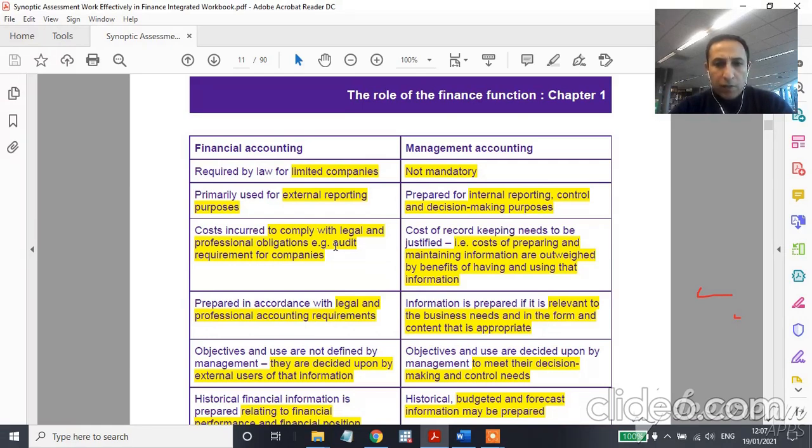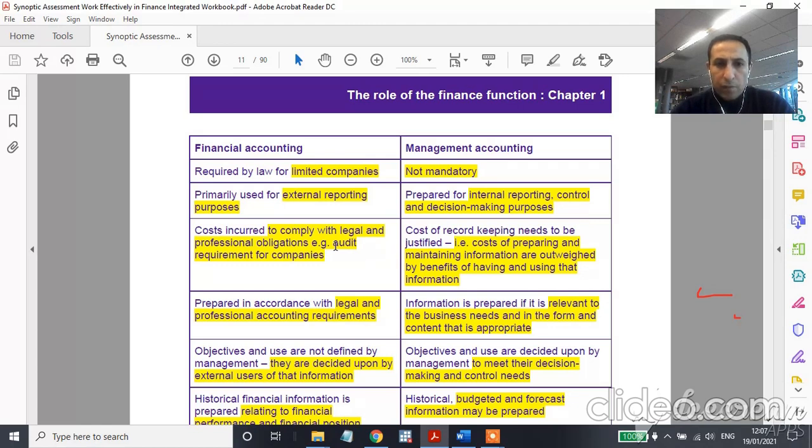If we look at this table, it gives you the responsibility and accountability of each of them. Remember, this chapter is about the role of the finance function, about the accountability and responsibility of finance staff.